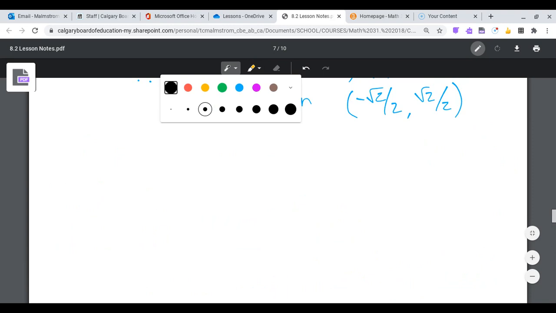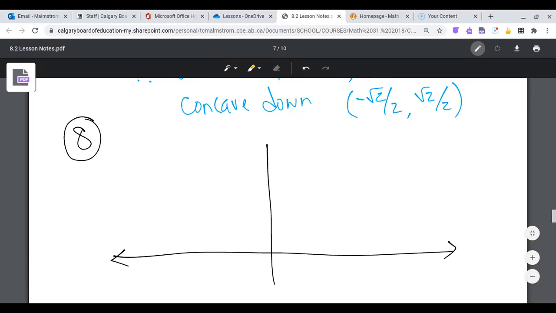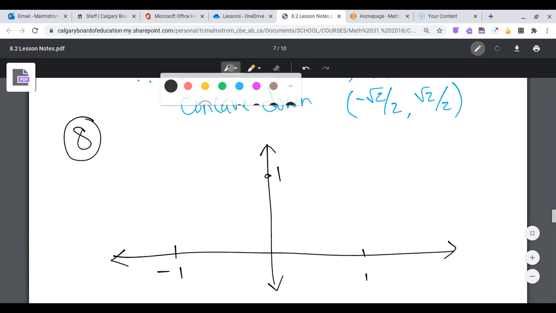Last piece then is the actual sketch. What did we learn as we went through all of this analysis work? We learned that we have a y-intercept at 0, 1.